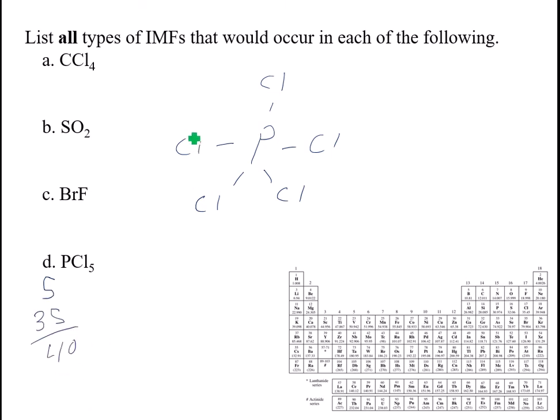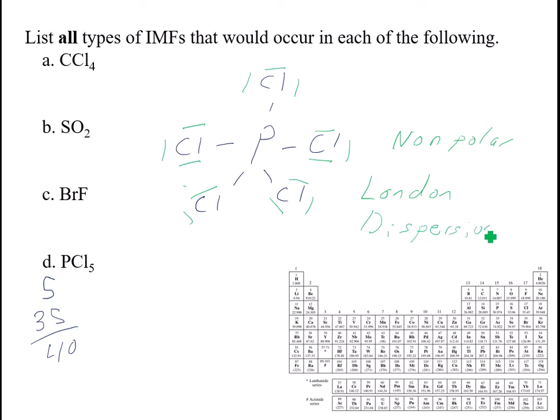Okay, so that was 10, 12, 14, 16, 18, 20, 22, 24, 26, 28, 30, 32, 34, 36, 38, 40. So this is a trigonal bipyramid, and it's nonpolar. Because it has zero lone pairs on the center, the only force this one has is London dispersion. Okay.